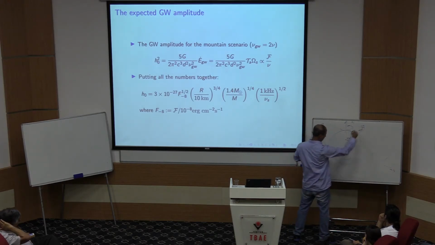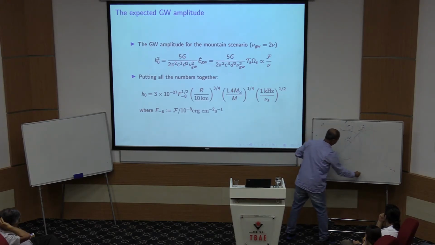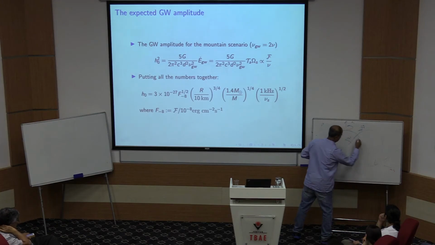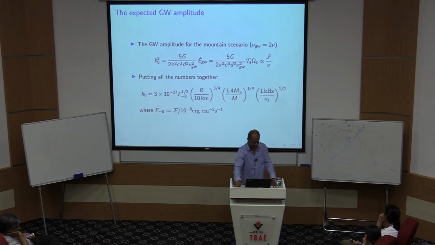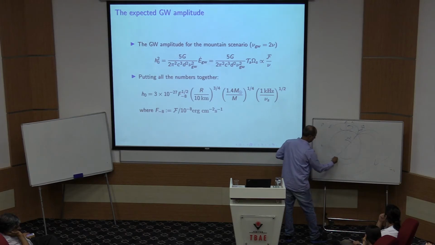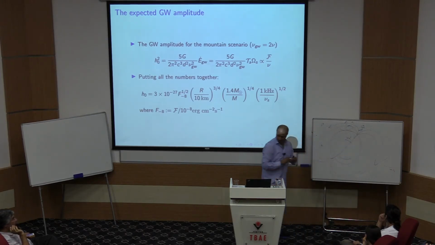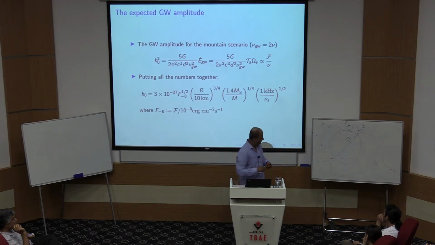You get this dipole field, so you get these field lines around the neutron star. Let me choose a different color for that. So you get this dipole field here. Then you've got an accretion disk that will be in this plane.